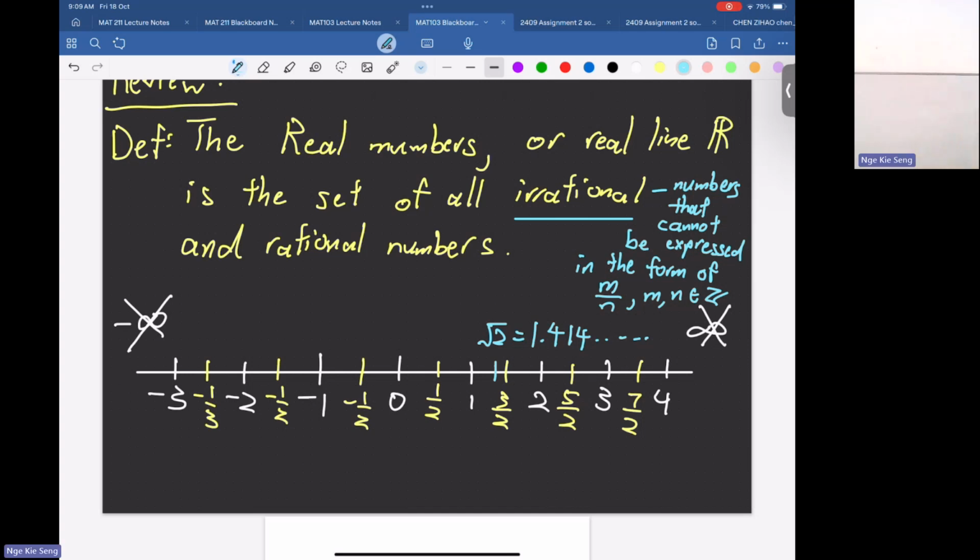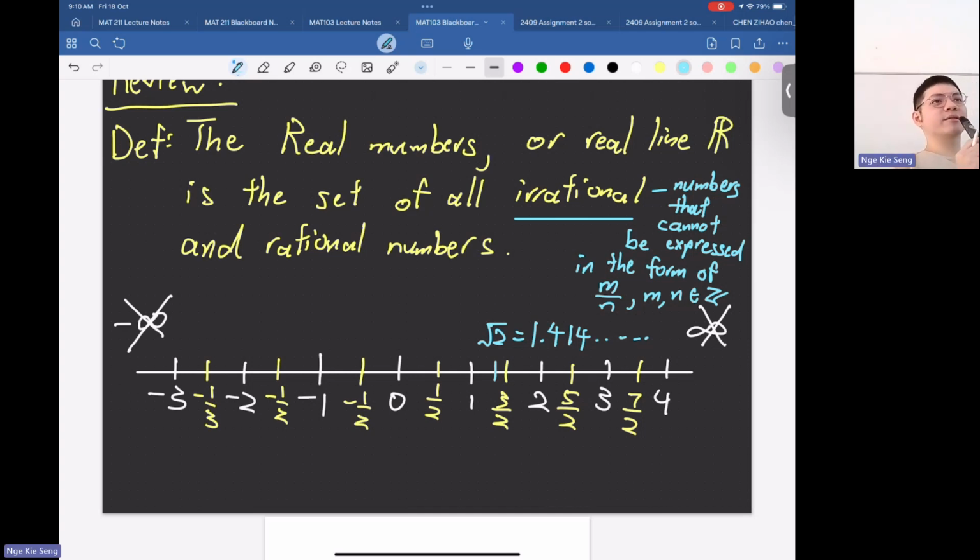Okay. And 小分 呢? Pick one more that we never mentioned before. What number is inside it? Sorry? What number I can put inside my real line? What's the range?